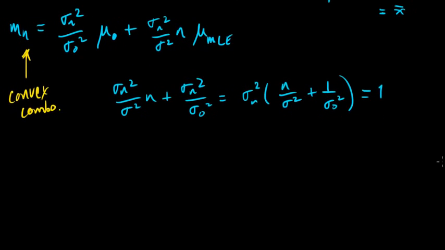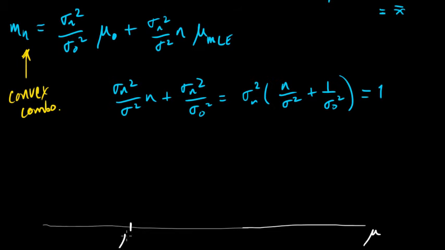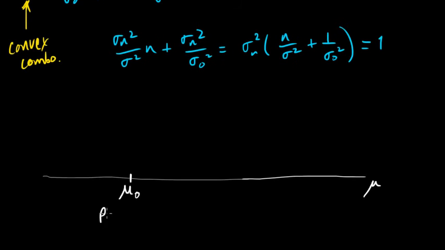Okay, so here's the picture. Say this is an axis for mu, and let's say that our prior mean is here. This is our prior mean. And maybe the MLE is over here.